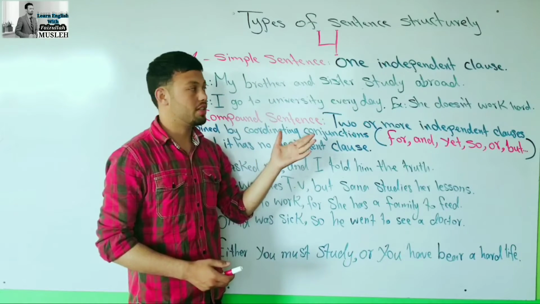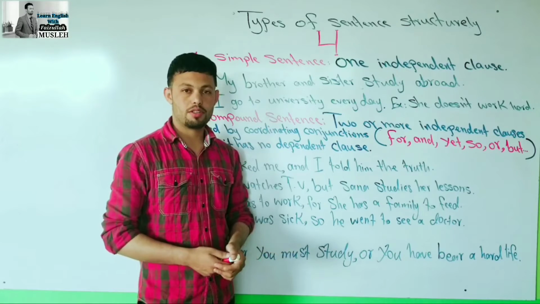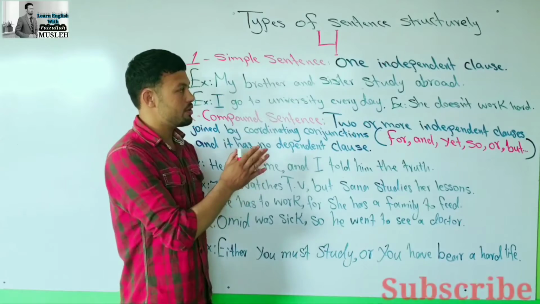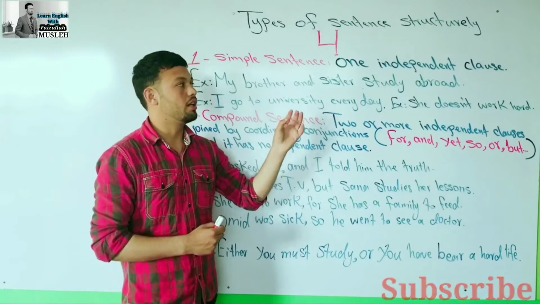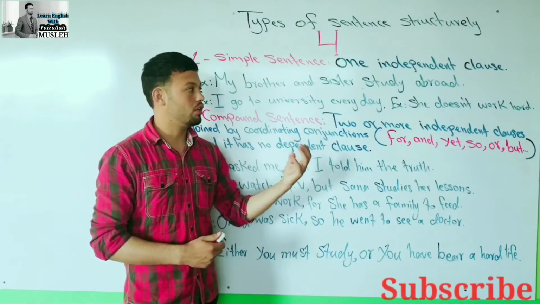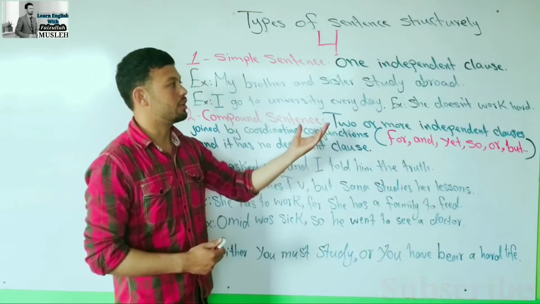What's a simple sentence? One independent clause is a simple sentence. Now, what's an independent clause? A clause with subject and verb and complete meaning is an independent clause. It's not dependent on any other clause to give a complete meaning.